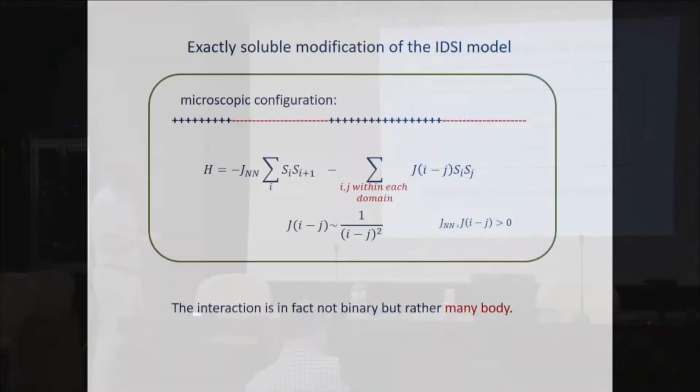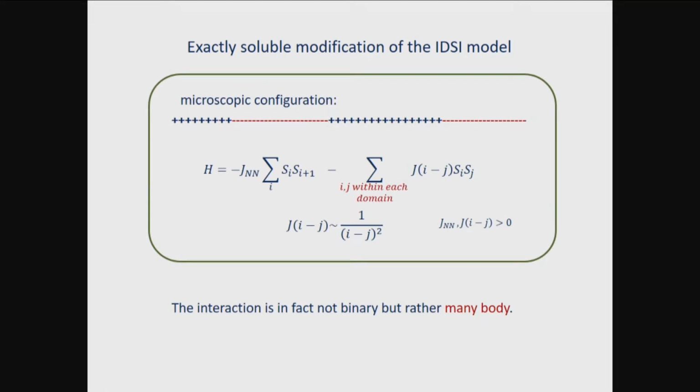That is, in any configuration, this interaction holds only within a domain. If you take a domain of all plus or all minus, only the spins within these domains interact with this kind of interaction. For example, a spin here and a spin there don't interact directly. Okay, so that's the model.